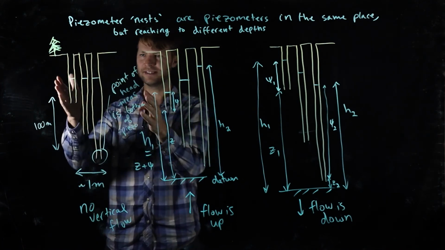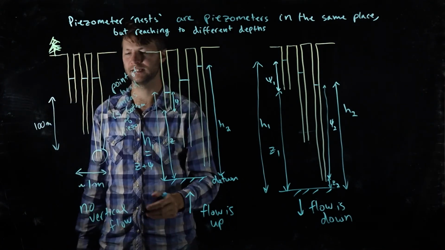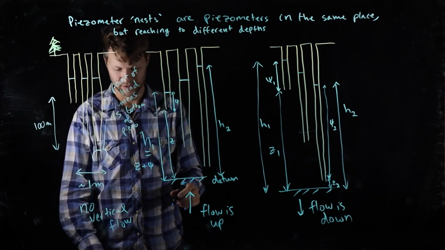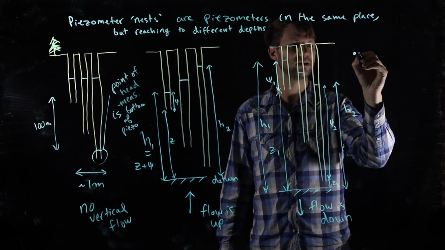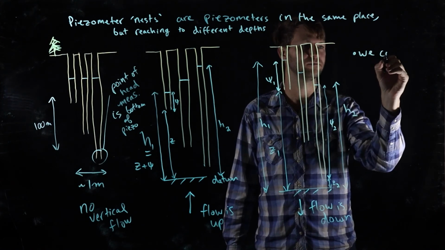So because we've spaced these really densely horizontally, but they're open to different depths here, we're able to measure vertical head gradients. I'm going to emphasize for this particular example that we can't actually tell if there's any horizontal component to the flow.